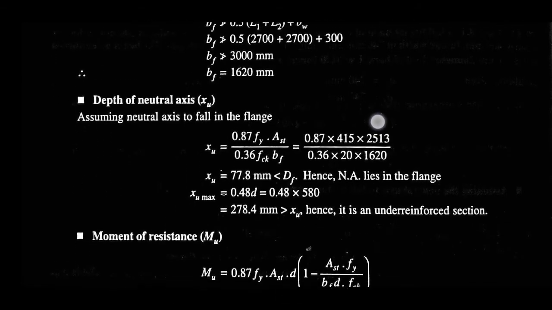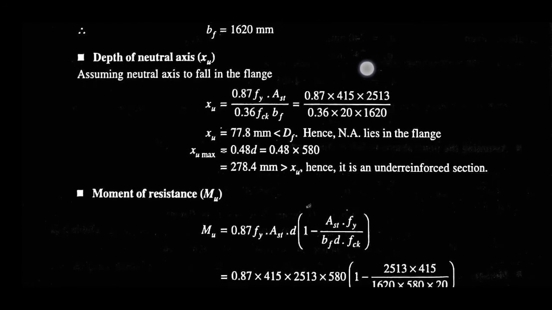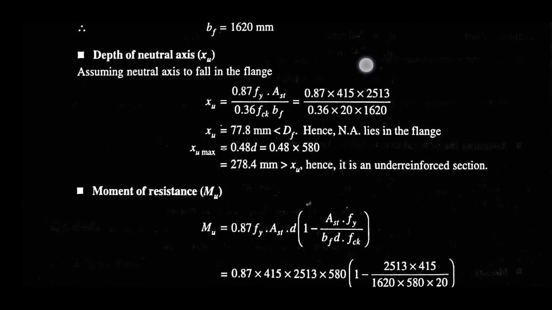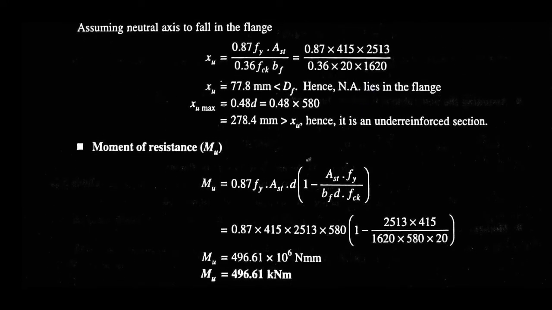Okay. Now we have to find the moment of resistance as per the formula which is given in Annex G of IS 456 2000. That is Mu is equals to 0.87 fy into Ast into d within bracket 1 minus Ast into fy by bf into d into fck.